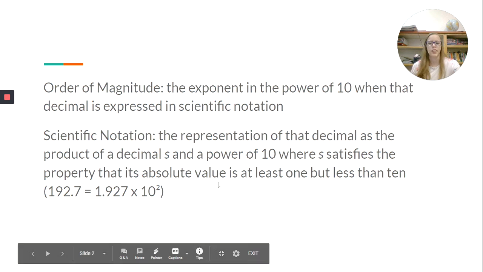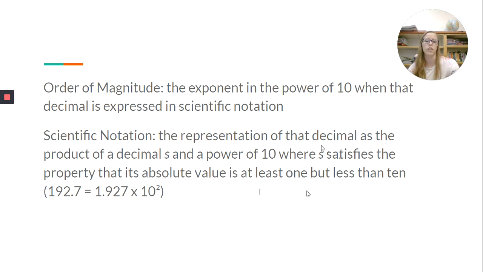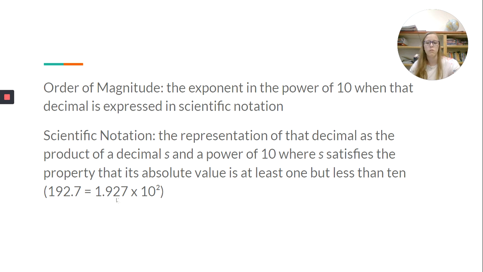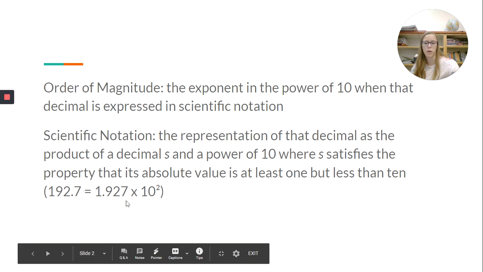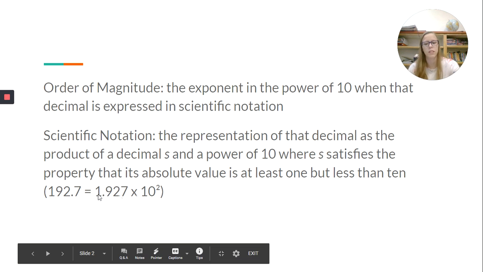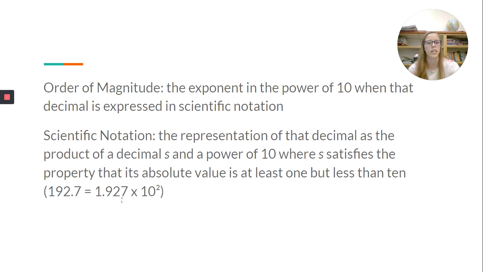And then scientific notation: the representation of that decimal as the product of a decimal s and a power of 10, where s satisfies the property that its absolute value is at least 1 but less than 10. So here we have 192.7, and then expressed in scientific notation, we have 1.927, so less than 10 but more than 1, times 10 to the second.